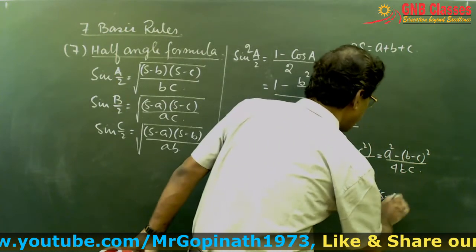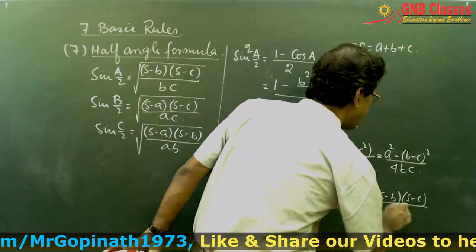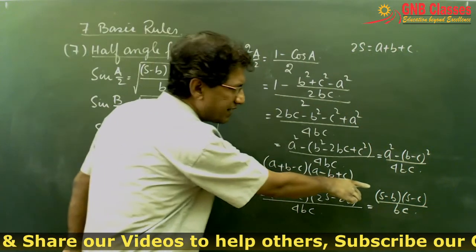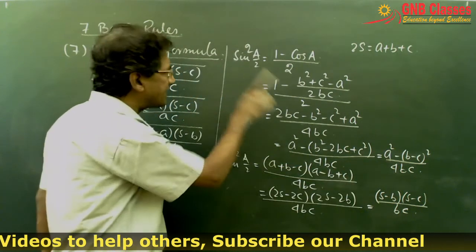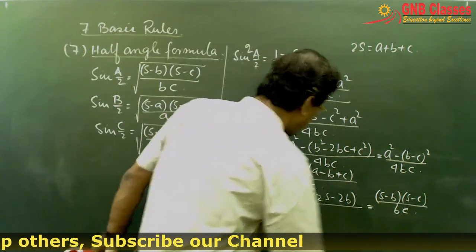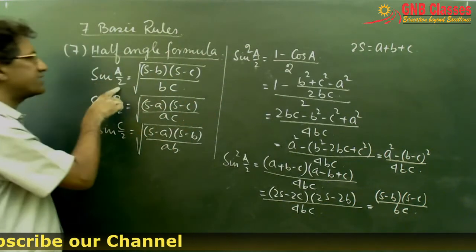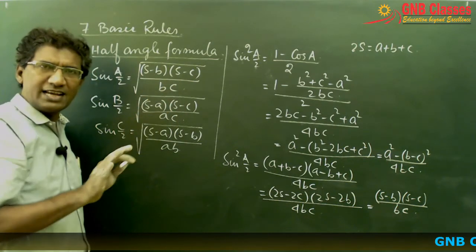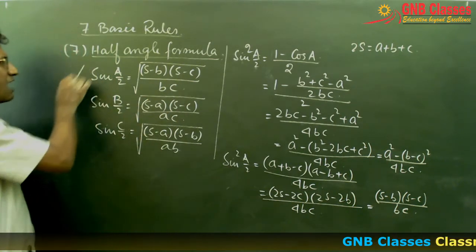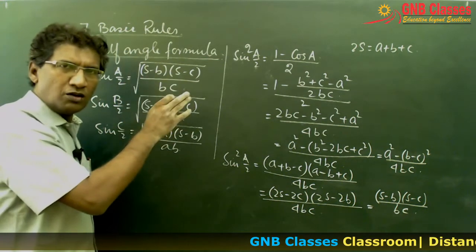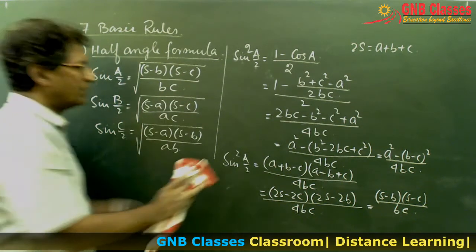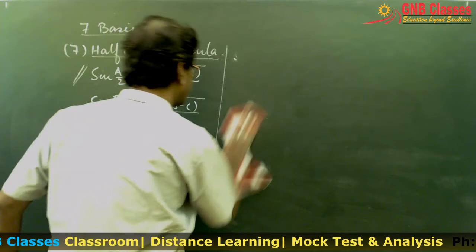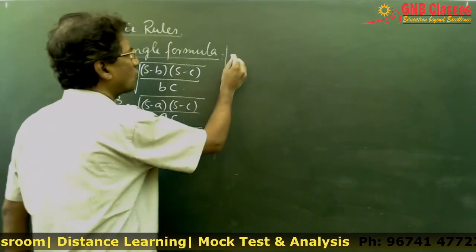So we are left with s minus b into s minus c divided by bc. Therefore sine square A by 2 is s minus b into s minus c divided by bc, which implies sine A by 2 is under root s minus b into s minus c divided by bc. Is it clear to all of you? So I have proved this one. The other 2 you can prove with a similar method. Now the other set of half angle formula is for cos.